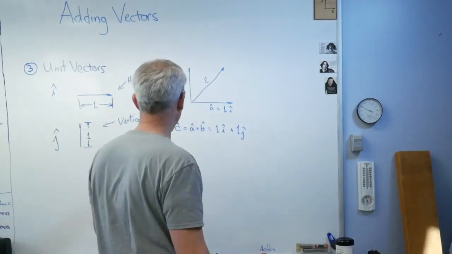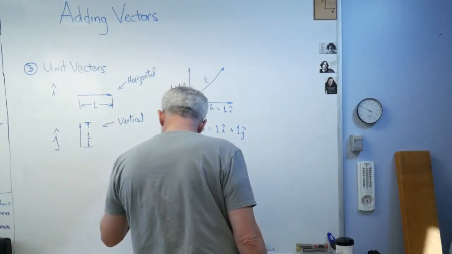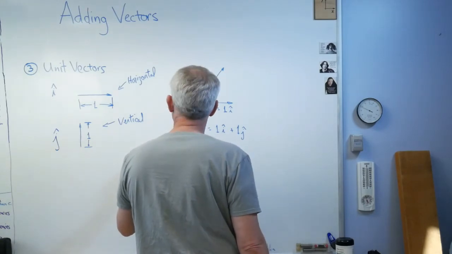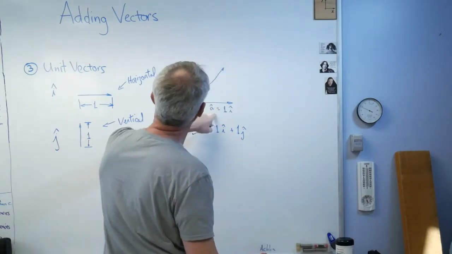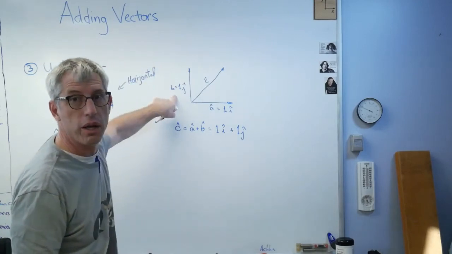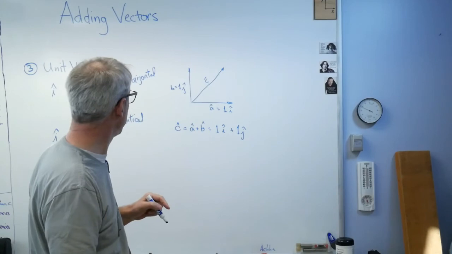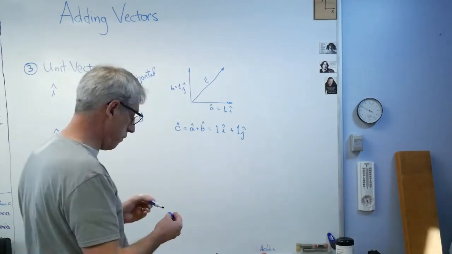Now if you wanted to do something a little more complicated, like 2I plus 1J, you could. It would come out 2I plus 1J, and you could figure out the magnitude and phase angle that way. So that's number 3, unit vectors.